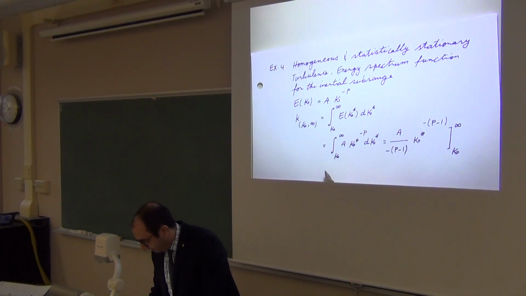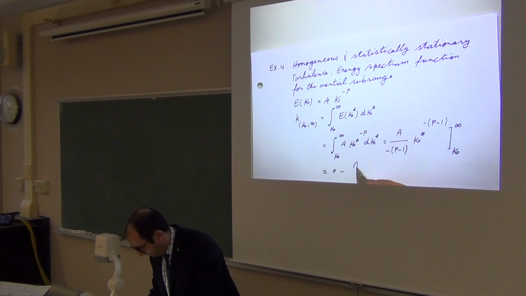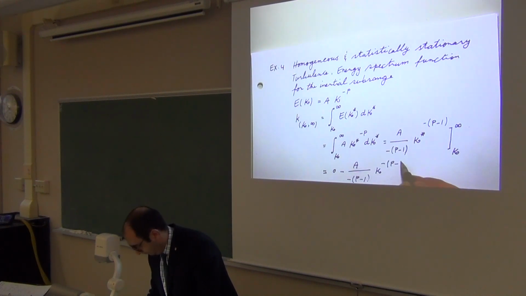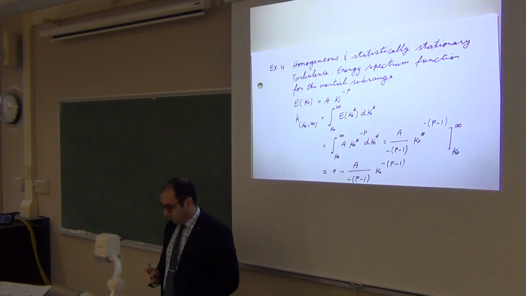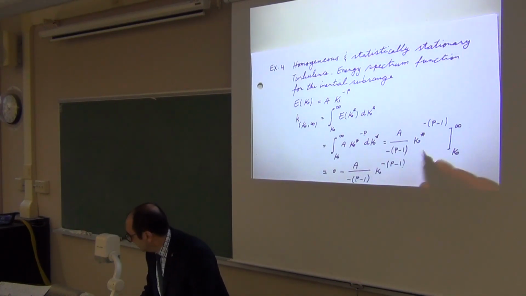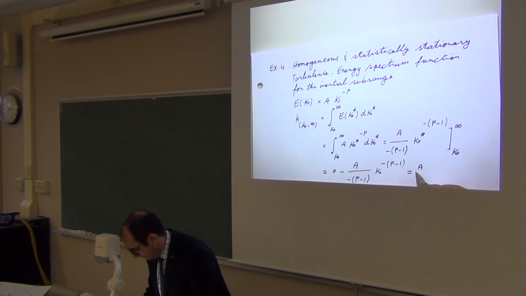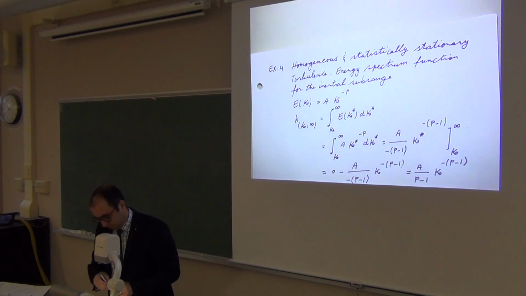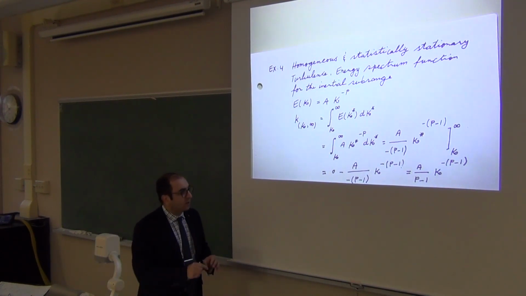So if I put infinity here, it's 0, minus A over minus P minus 1, kappa to the power of minus P minus 1. So if I get rid of the minus signs, this is what I am left with: A divided by P minus 1, kappa to the power of minus P minus 1. So I arrived where I was asked to.